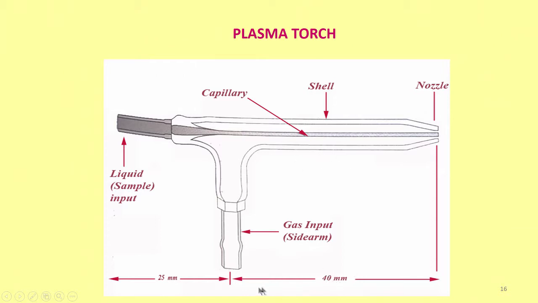One is the distance between this point and the nozzle, approximately 40 millimeter, and the distance between the sample input, this could be your conical flask, a small tube dipping in a conical flask, from this point to the gas nozzle is 25 mm. So, 40 mm is 4 centimeter. This is 2.5 centimeter. Total length is about 6.5 centimeter, that is all.